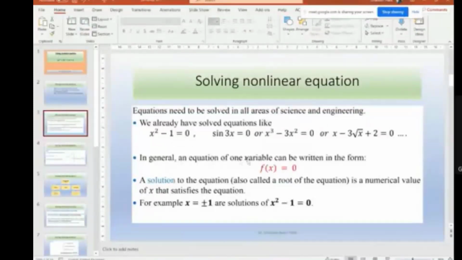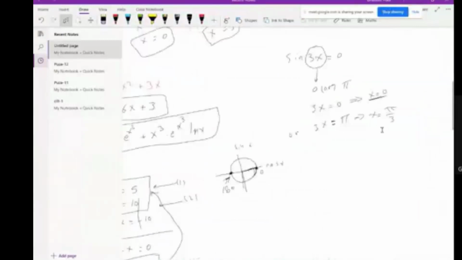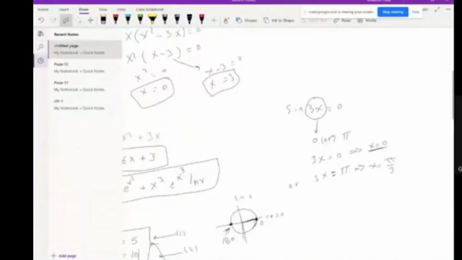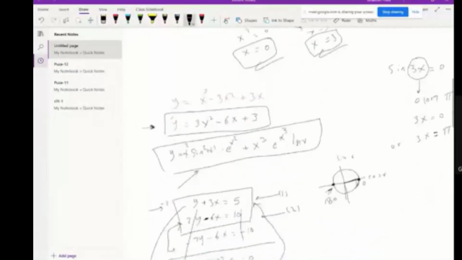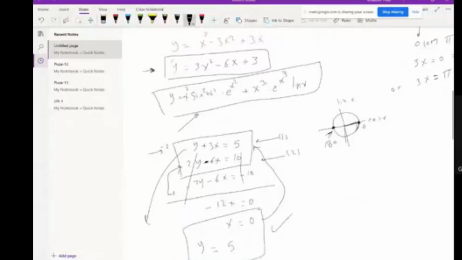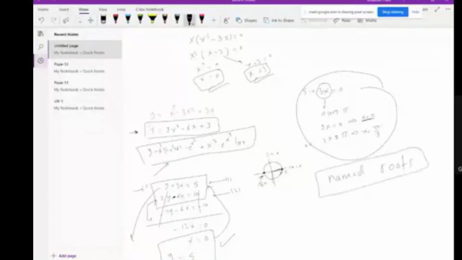In general, an equation in one variable can have a solution. When we solve this equation and find the value of x, like here, like here, and like this, this is named roots of equation.